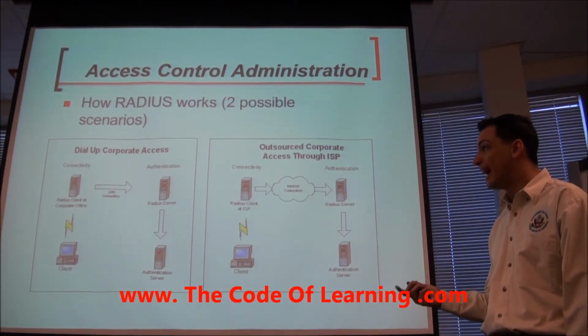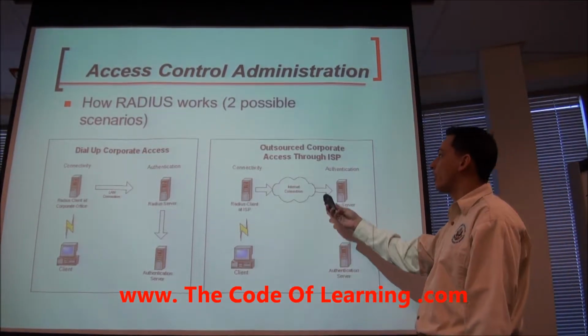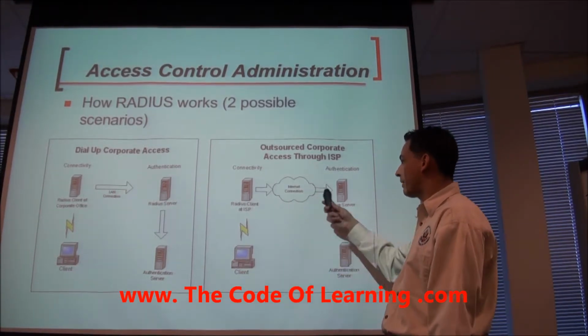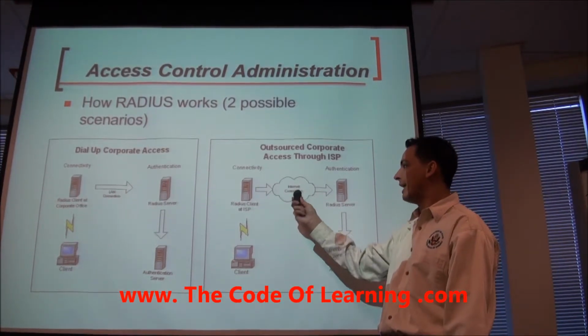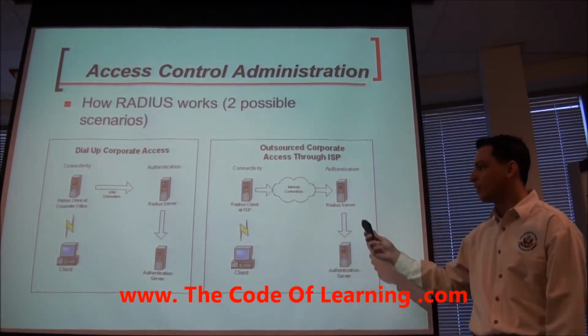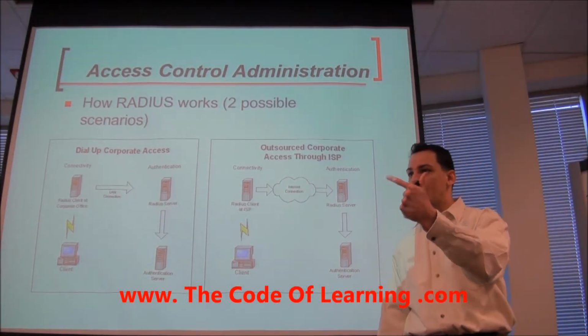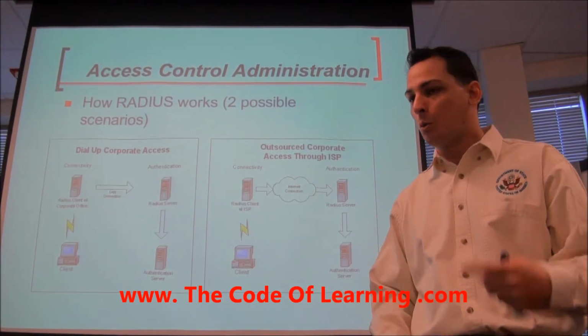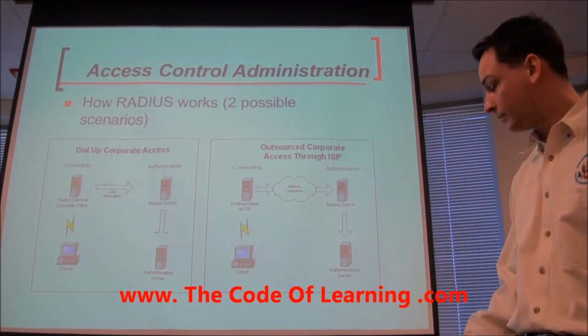That was your dial-up example. Then you could also have a client talking to the Radius client, again to the Radius server, but now you're doing this over an internet connection as opposed to a dial-up connection. Again, you get identified, authenticated, authorized, and then you can touch the corporate network. So one's dial-up, one's over the internet.